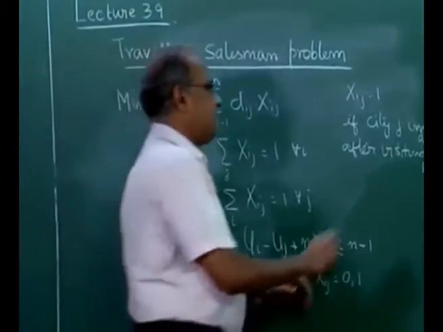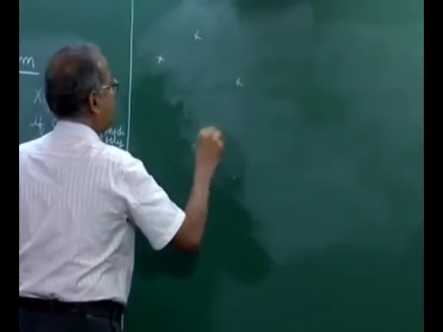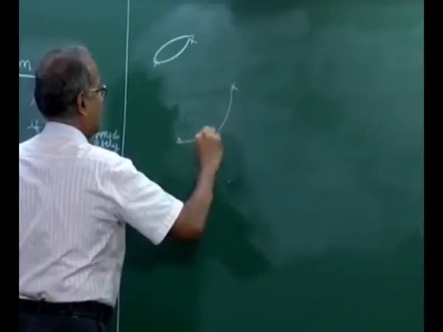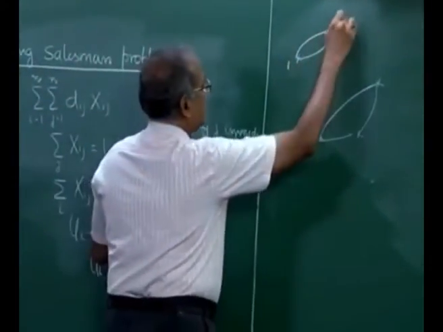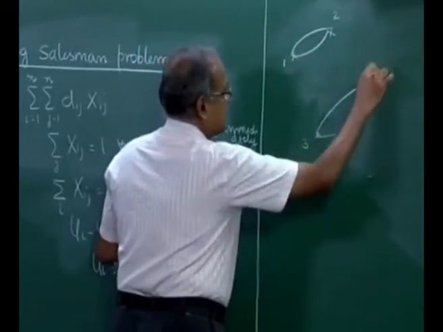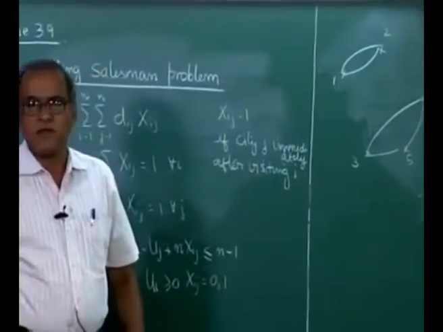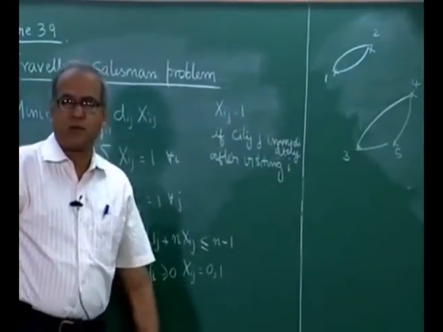Or if we have 5 points including the warehouse, it may give solutions like this, which means it goes from say 1 to 2 and then 2 to 1 and then the salesperson suddenly goes 3 to 4, 4 to 5, 5 to 3. Now they will satisfy this. So this will be like a solution to the assignment problem.